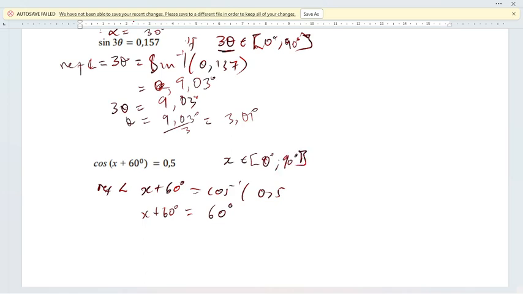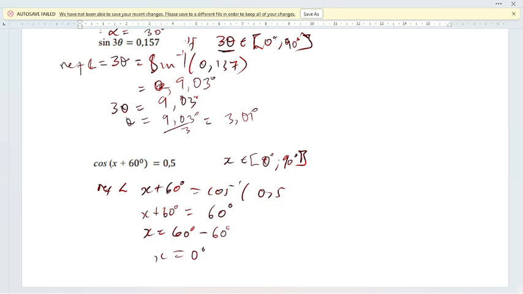So it's only this quadrant, and in this quadrant it's already the reference angle. What I must do, I must solve for x. So x equals 60 degrees minus 60. What is the value of x? 0 degrees. And you solve your equation.